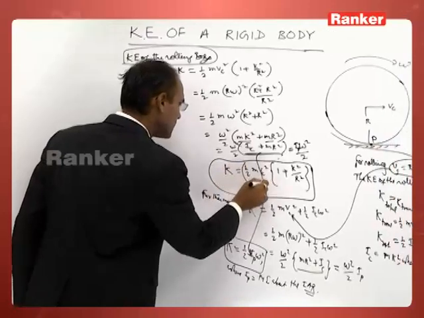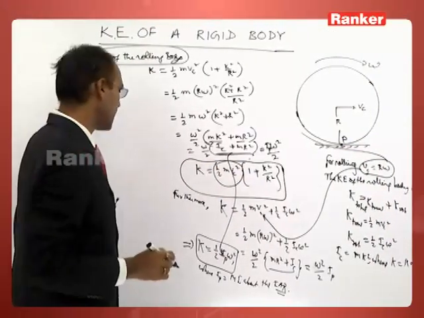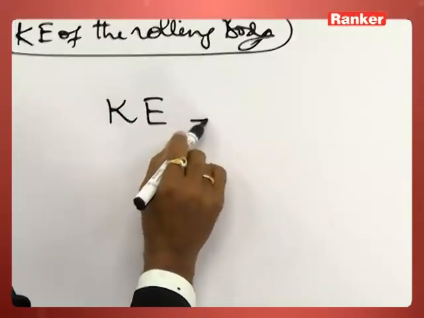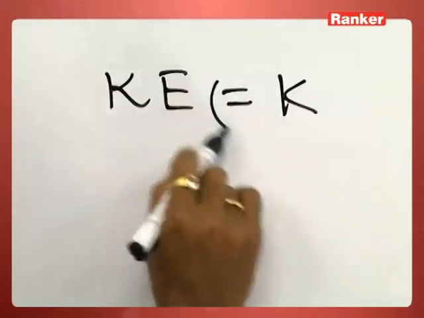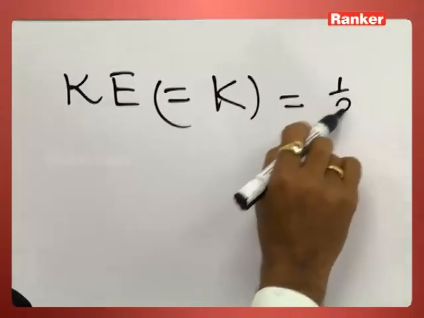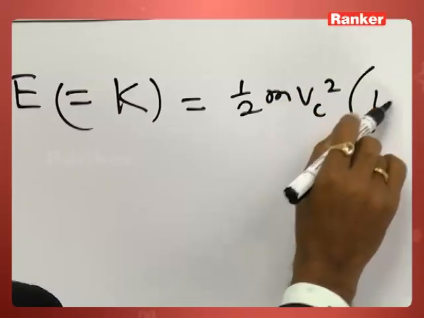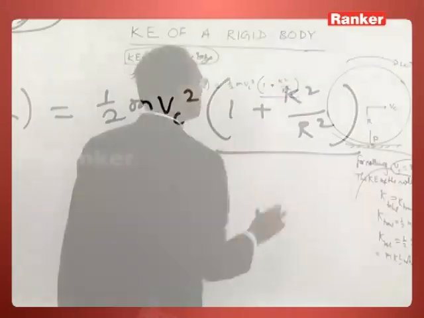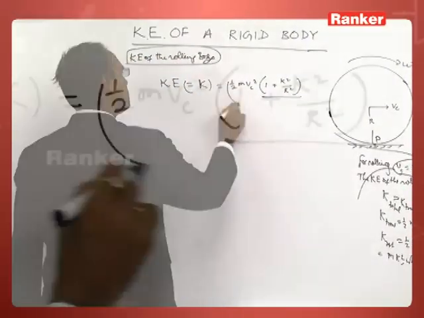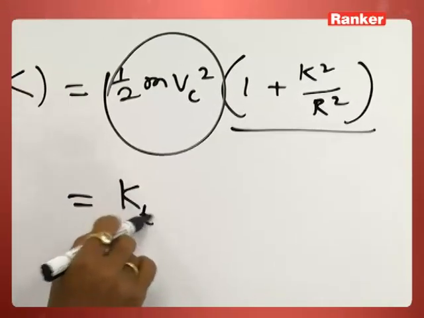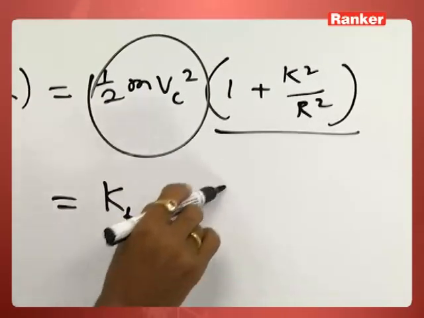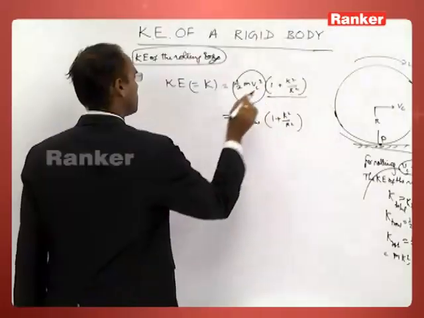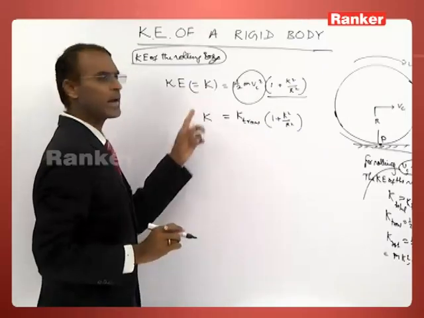This can be written as translational kinetic energy. Therefore, kinetic energy is equal to half m v square, 1 plus k square by r square multiplied with this. This can be written as translational kinetic energy into 1 plus k square by r square is equal to the total kinetic energy.